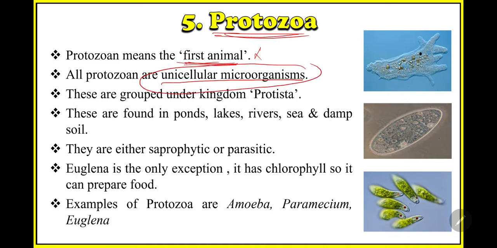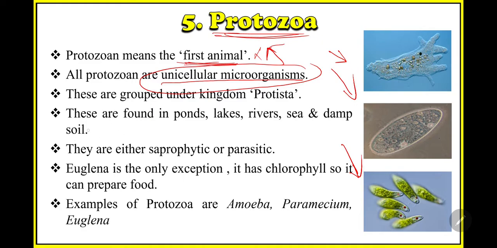This is the reason people consider it as first animal. In the initial period everything was simple, then from simple the complex thing started, and ultimately everything evolved to the present situation. As simple organisms are found in this group, these are considered as the primitive first one.